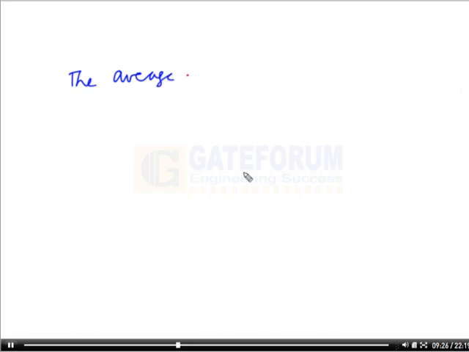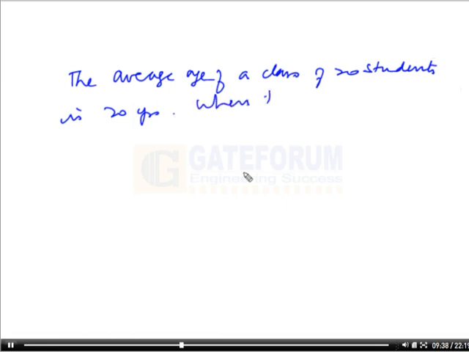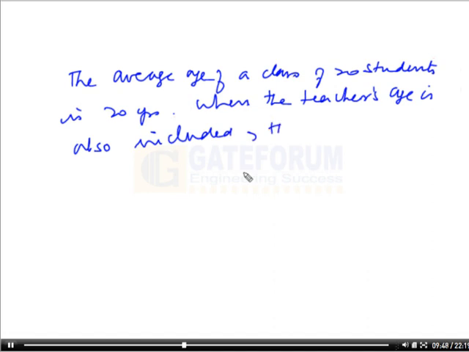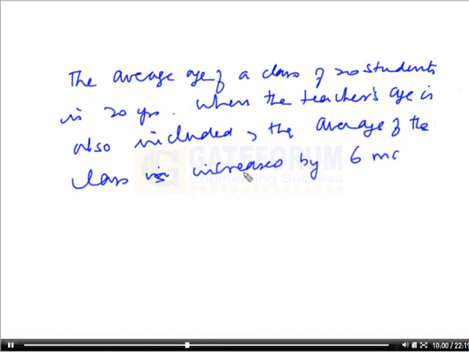The average age of a class of 20 students is 20 years. When the teacher's age is also included, the average of the class is increased by 6 months.